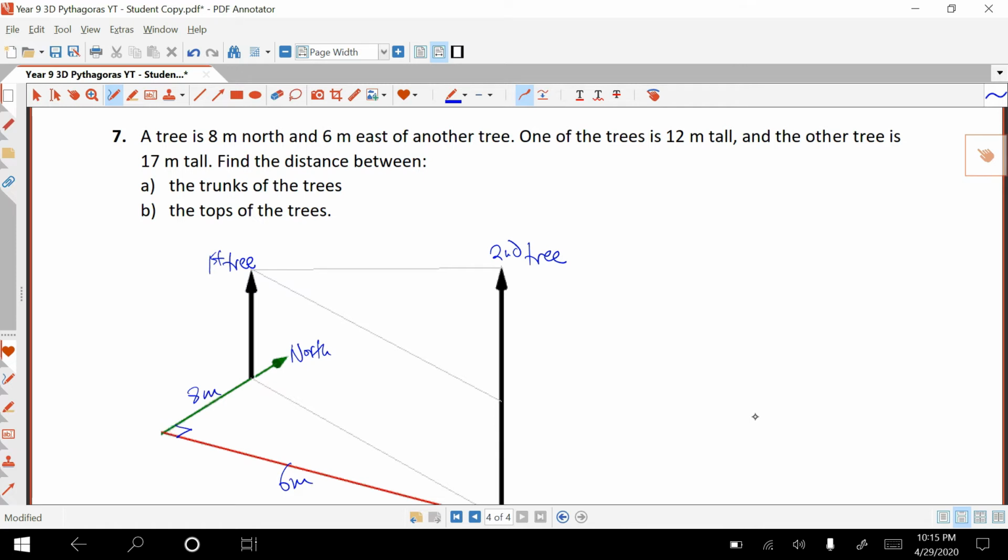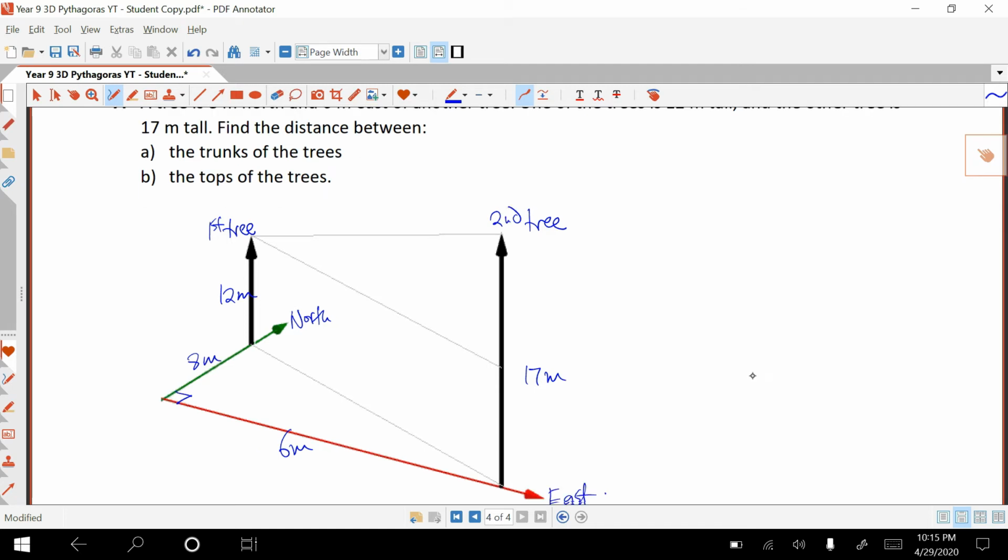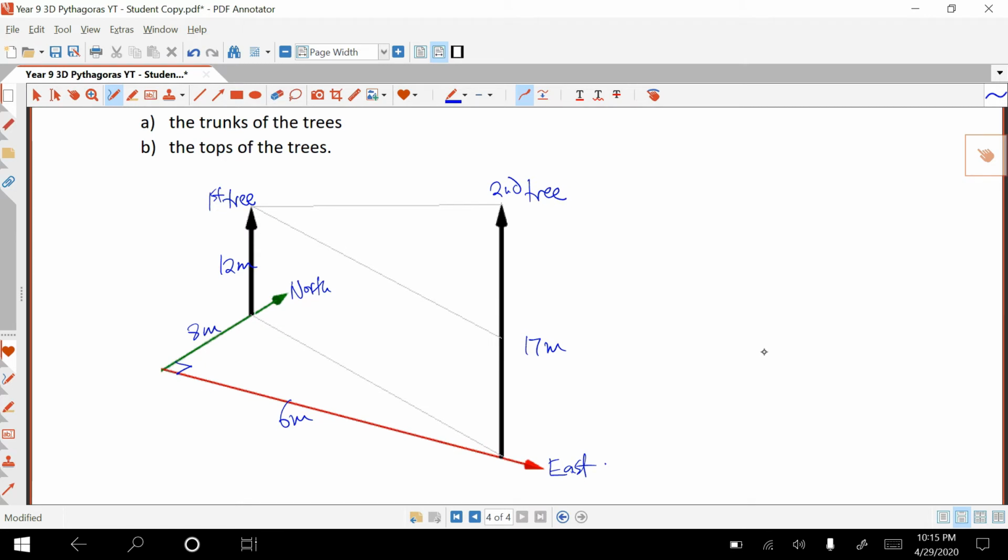One of the trees is 12 meters, so this will be 12 meters. And the other one is 17 meters, so this will be 17 meters. Find the distance between the trunks of the trees. So for part A, I can use now this color. We want the trunks of the trees, so that means the distance from here to here.